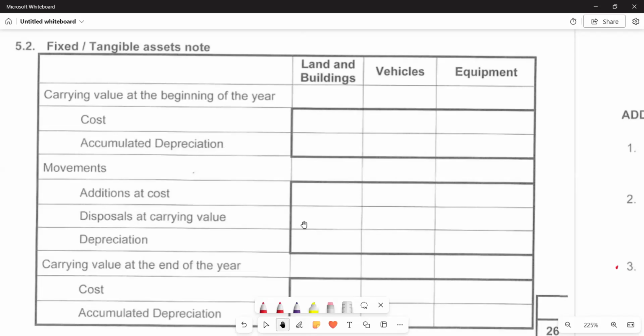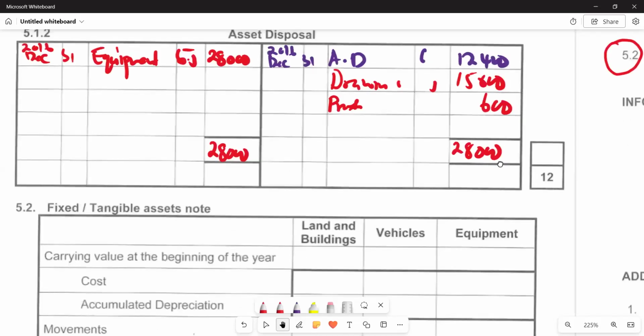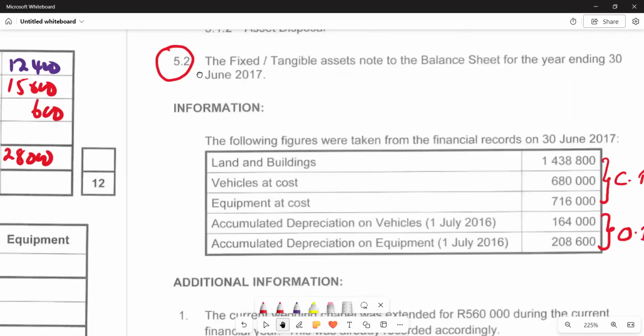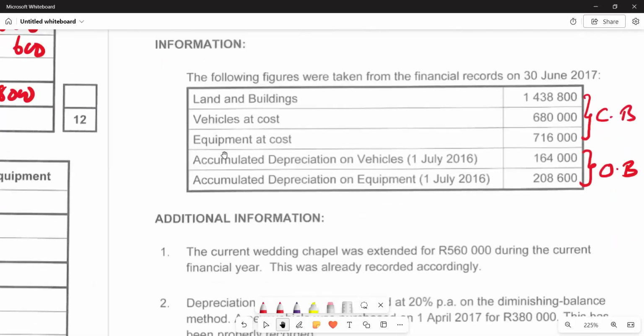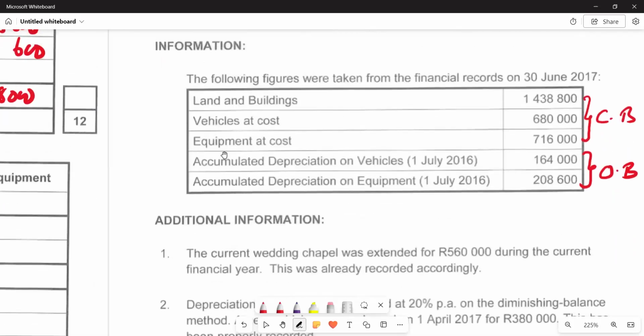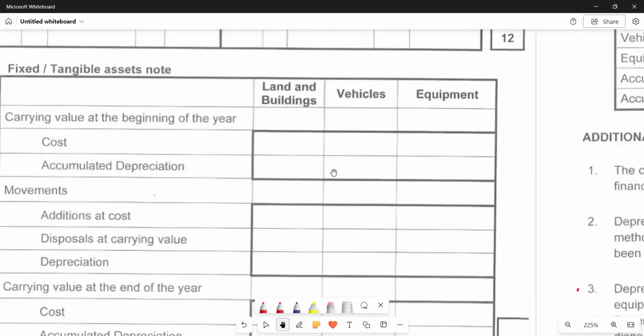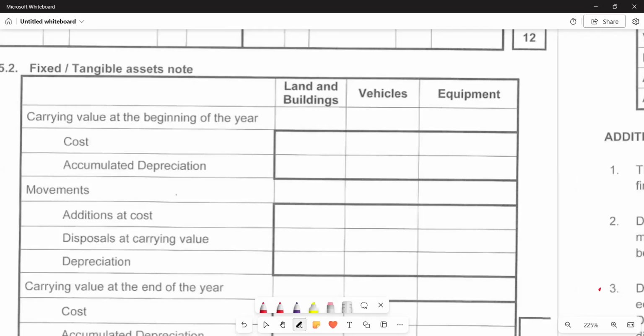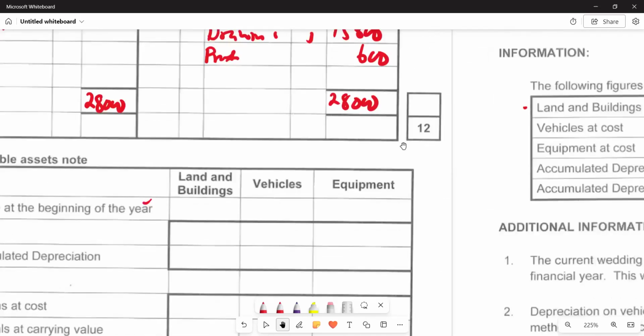We can always get this information in the information that we are given in the question. You see that the costs are the figures that we are given at the beginning here, which for land and buildings is 1,438,800. But the figures that we want to indicate here are the figures at the beginning of the year.